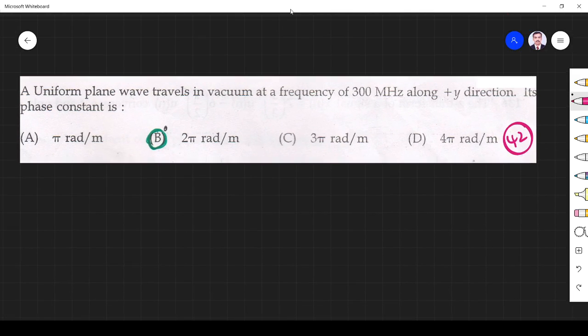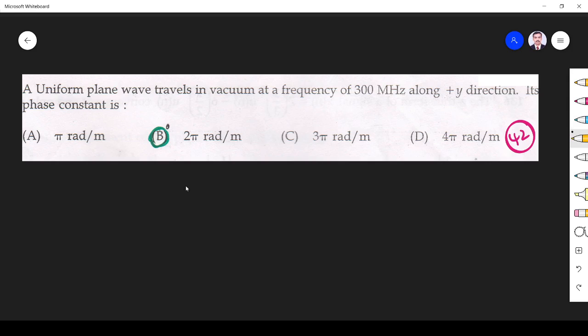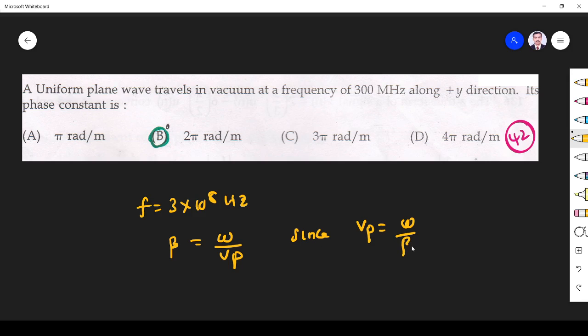Next question. A uniform plane wave travels in a vacuum at a frequency of 300 megahertz. So f is equal to 3 into 10 power 8 hertz. Fine. Okay. In y direction, what is the phase constant? Phase constant beta is equal to omega by Vp, since Vp is equal to omega by beta.